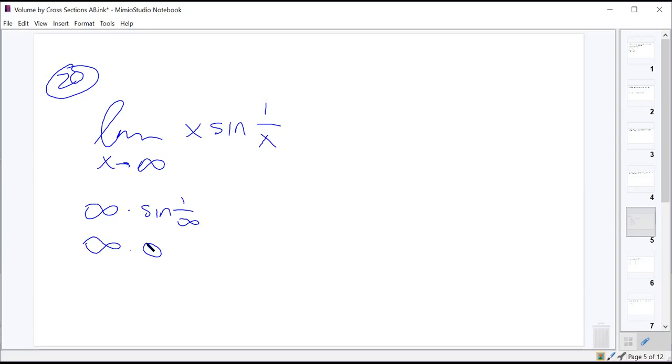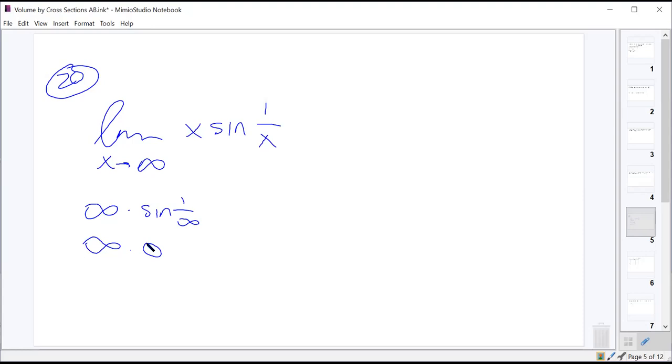Especially because we're talking about a limit, we have to think about which one of these things is happening more quickly. We're either going to 0 more quickly, or we're going towards infinity more quickly. So there's some sort of issue here. We might be going to them at the same rate, which could cause an issue also. So we have to find a way to rewrite this so that it is no longer 0 times infinity.